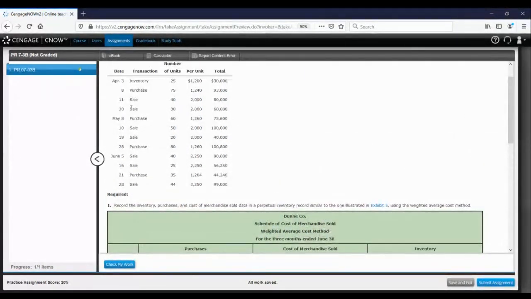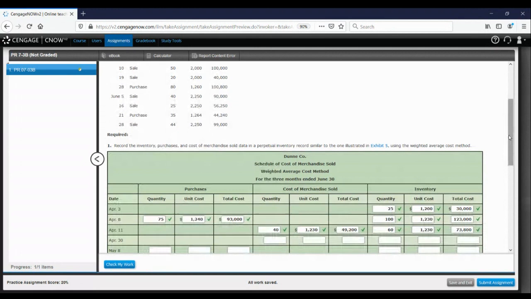So on our sale on April the 11th, our cost of merchandise sold would be debited in the second transaction in the journal for $49,200. Our merchandise inventory would be credited for $49,200. Is there any question about the transaction?